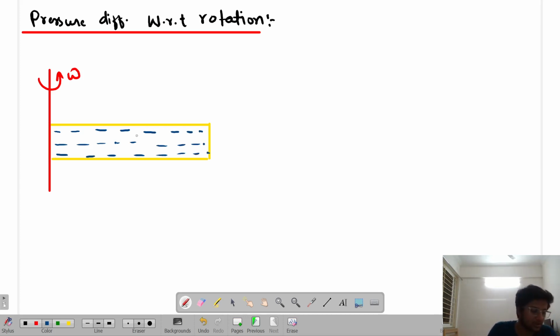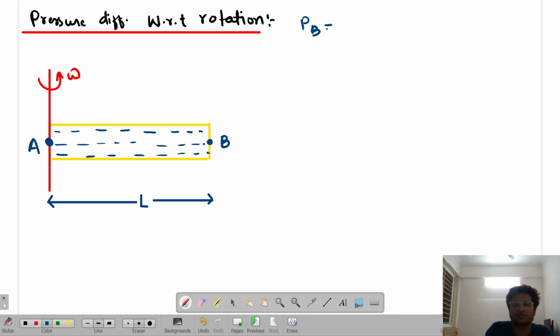If this is point A and this is point B and the length gap is L, then find PB minus PA. Do it fast.